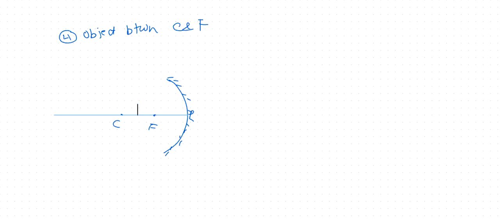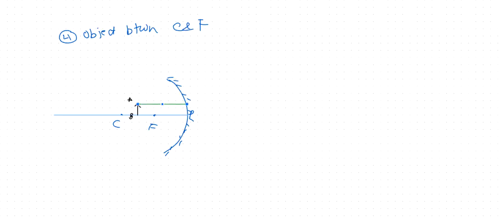So the object is here and its name is A, B. Now, again, what is the first incident ray that we are going to consider? What is the convention I told you? We take the one parallel to the principal axis. So, I'll make this as my incident ray.